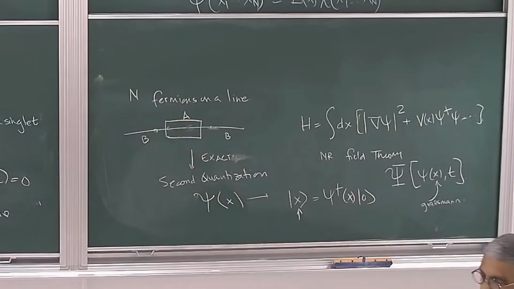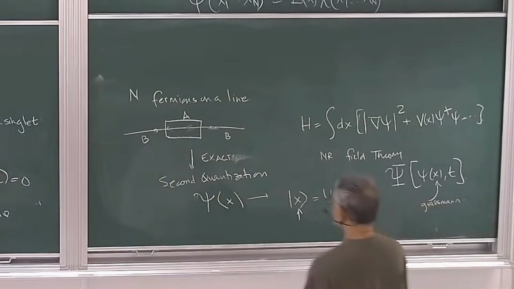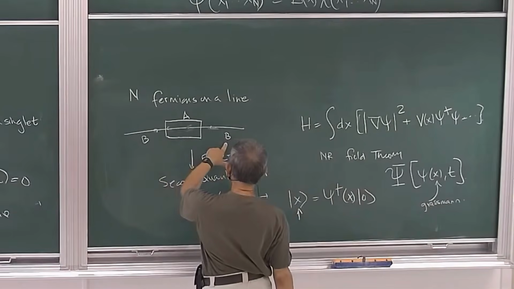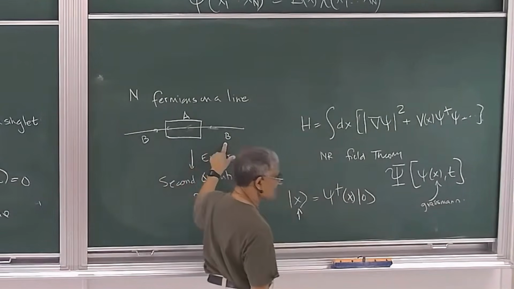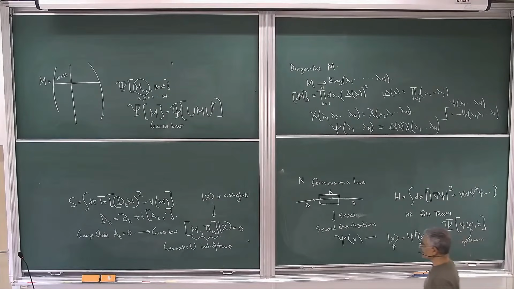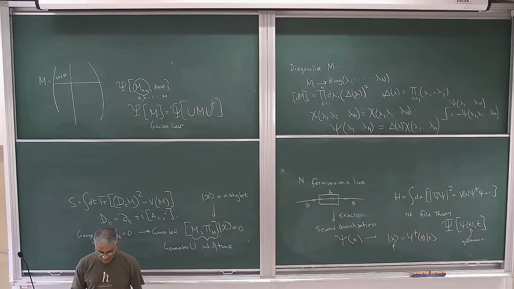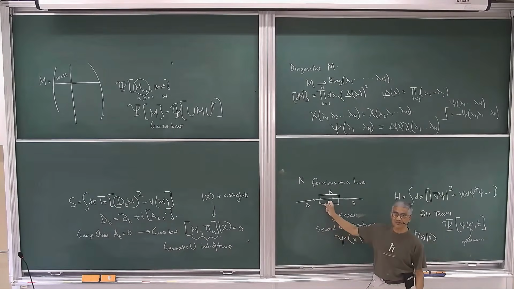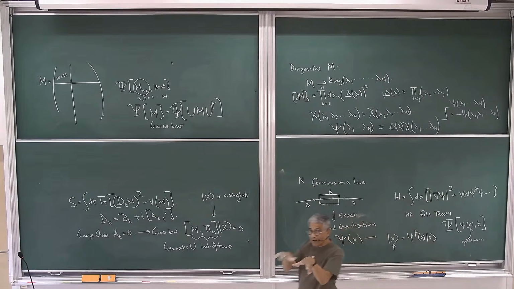And that density matrix quantifies entanglement of a region A with the region B, not of a certain number of fermions with the rest. The reason it doesn't refer to entanglement of say 10 fermions with the rest is because the wave function tells you that there's a certain probability of having some number of fermions here. So that number is not fixed.